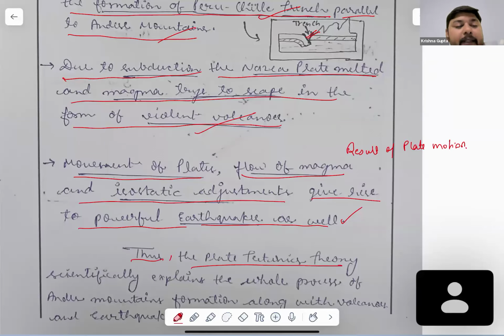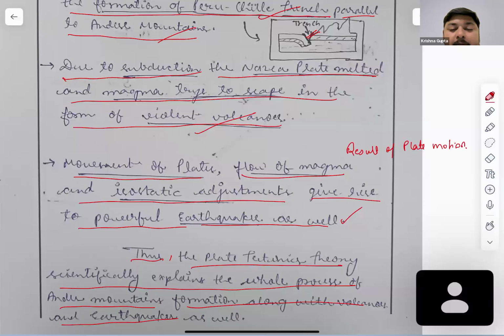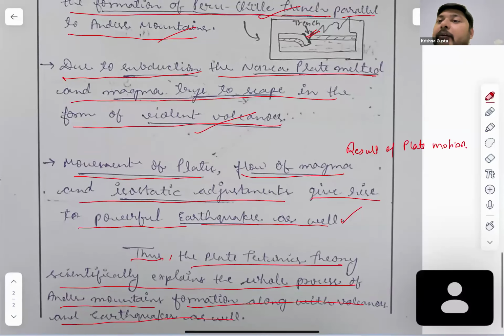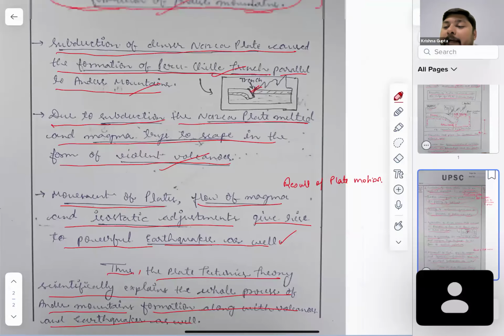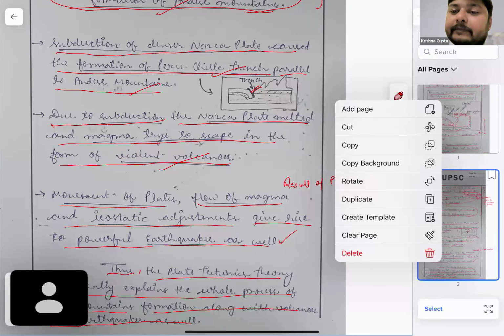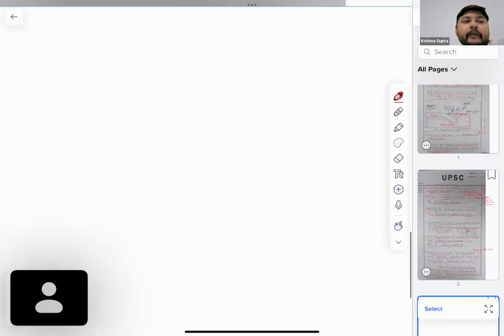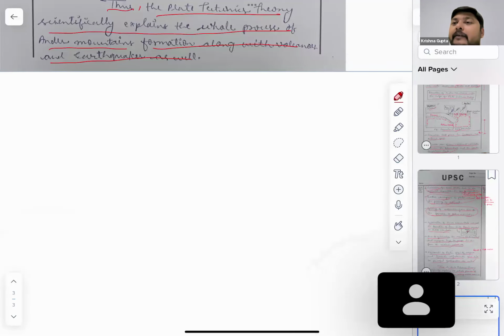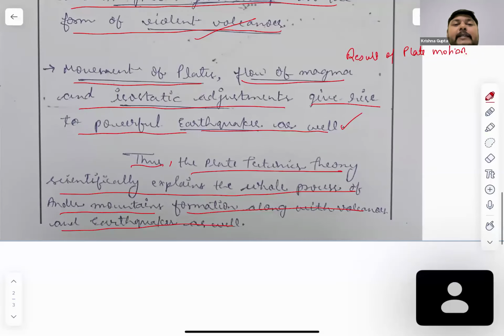Thus, the plate tectonic theory scientifically explains the whole process of Andes mountain formation along with the volcanoes and earthquakes as well. Okay, so I would like to add here one important aspect which is needed. Okay, so I'll be writing it down here. So what is happening here?